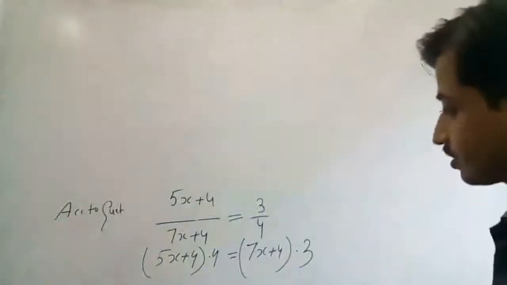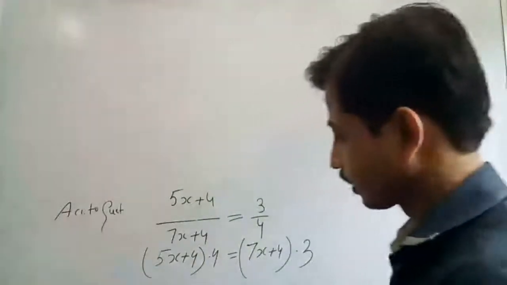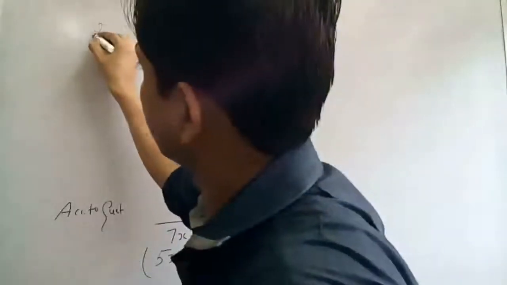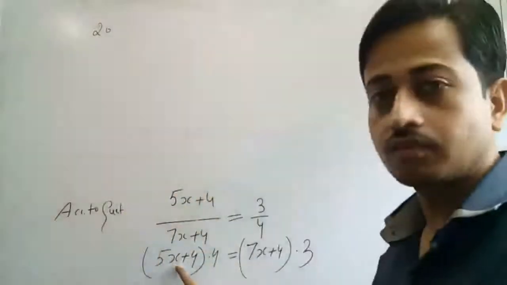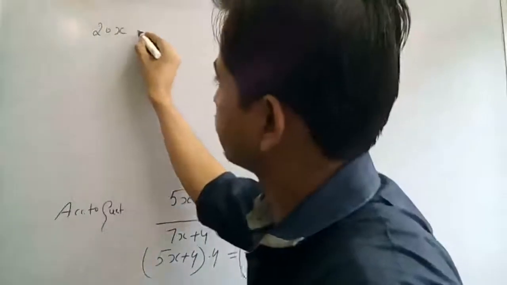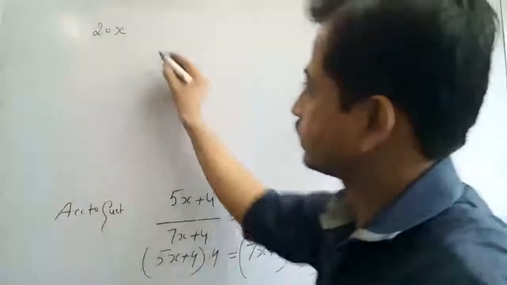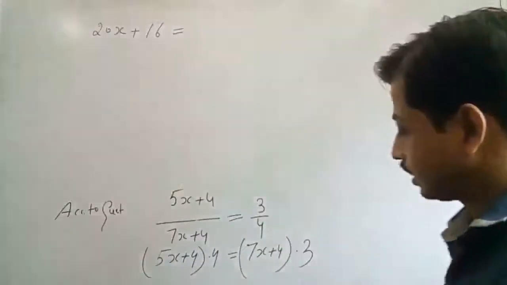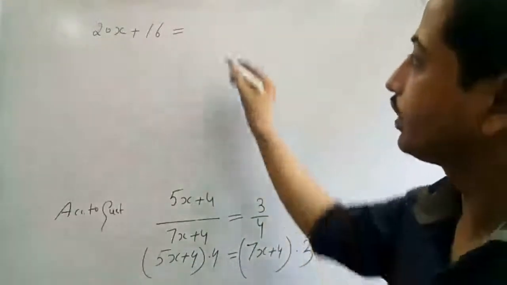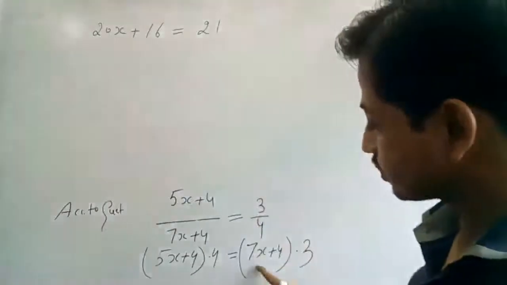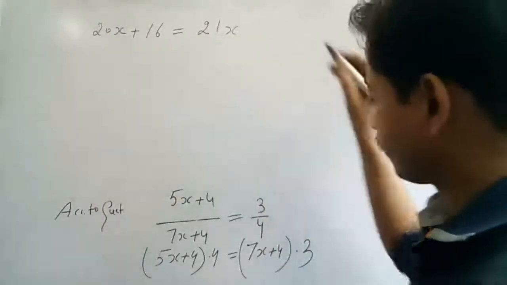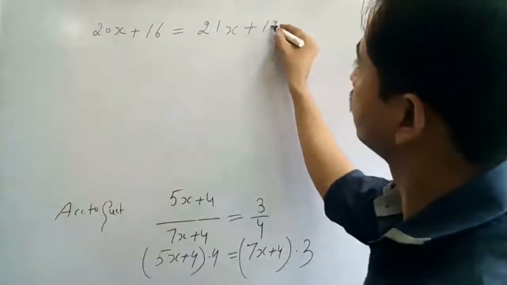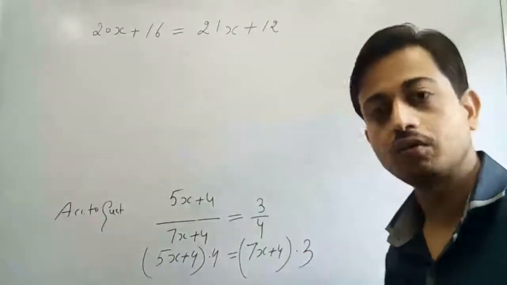Now we have to solve further. Now do multiply. 4 into 5 we get 20, and x we write as it is, 20x. Now 4 into 4 is 16, so we get 16 is equal to, same here, 3 into 7 we get 21x, plus 3 into 4 is 12.